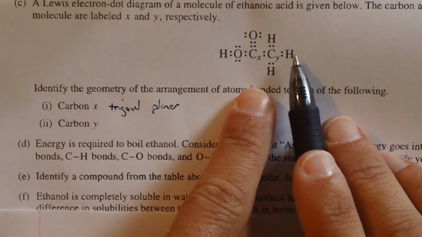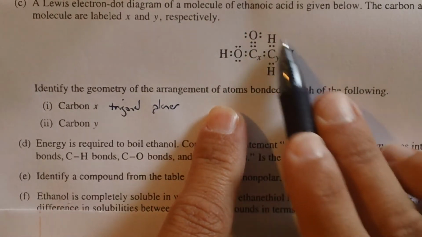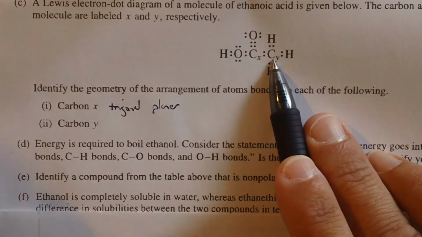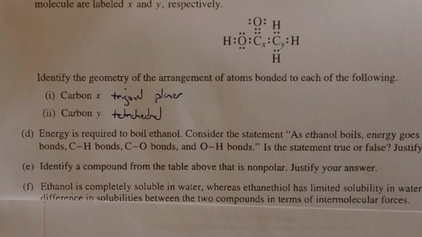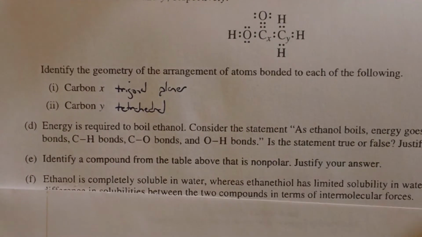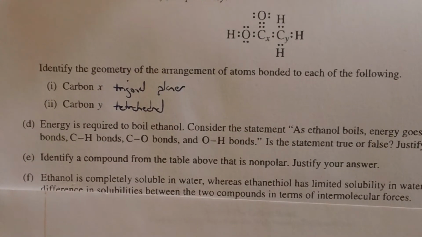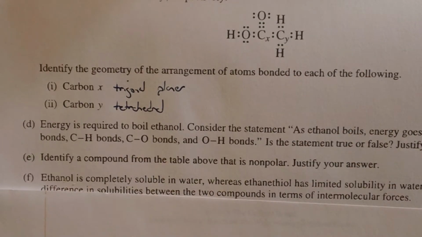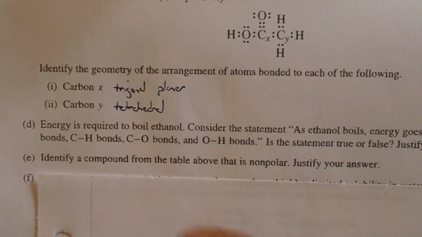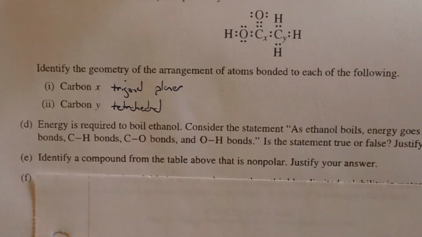Carbon Y has 4 things connected, the 3 hydrogens and that carbon, no lone pairs on the central atom, and so that guy is tetrahedral. Those are your geometries for each of those things. Easy enough. You need to go back and look at them. You should go through and look at all those shapes. You could get a shape question somewhere along the way.